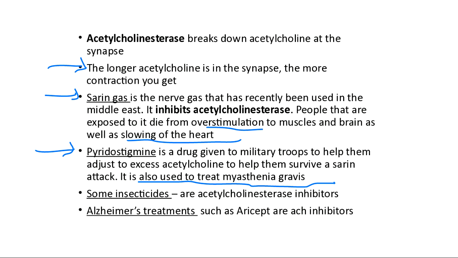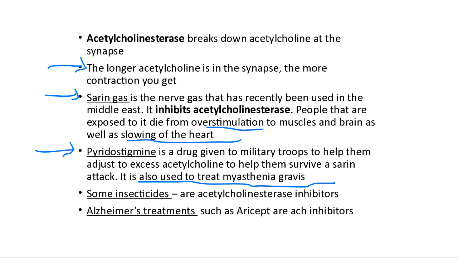It's also used for military troops to help them adjust to having too much acetylcholine. It's just like when you start smoking cigarettes, you get used to nicotine. Well, when you take acetylcholinesterase inhibitors, your body gets used to them and adjusts to them. So then if they are exposed to nerve gas, sarin gas, they quit taking the pyridostigmine and their chance of dying is greatly decreased.